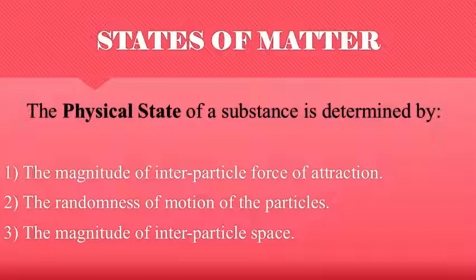The quantitative value of that space will determine whether a substance will be solid, liquid or gas. So all these three factors together decide the physical state of a substance, that is whether it's solid, liquid or gas.